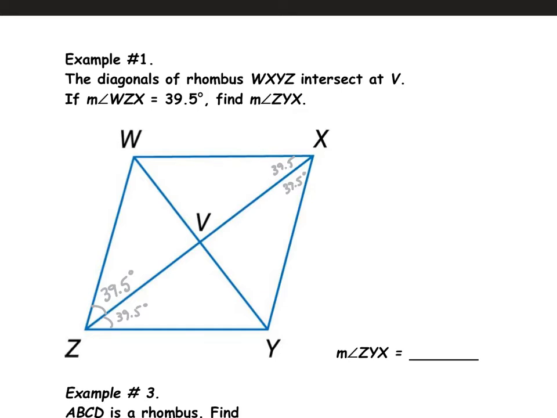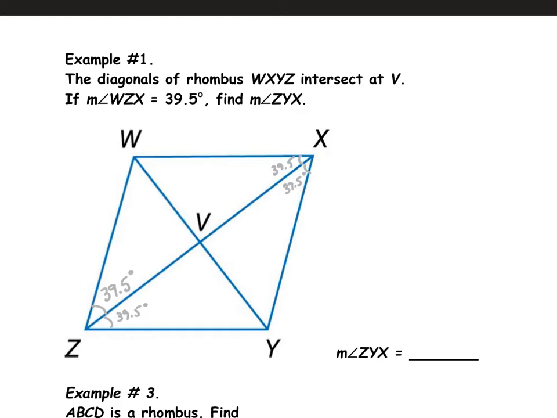All right, I think I have enough information to go on and solve. I know that these angles are congruent because this diagonal XZ right here bisects both those angles. Any angle along XZ here, they're 39.5.